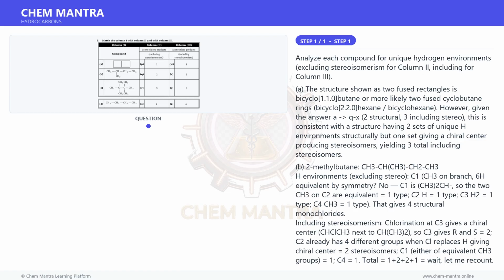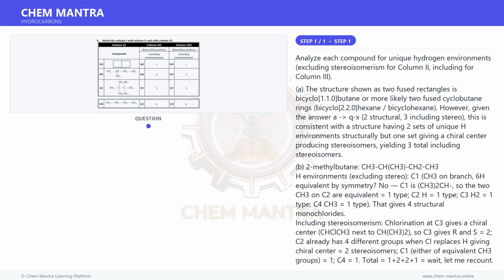So B is SZ. C. 2,2,3,3-tetramethylbutane, (CH3)3C-C(CH3)3. All 18 H atoms are equivalent, all in equivalent CH3 groups. Only one structural monochloride, P, and no chiral center is created.